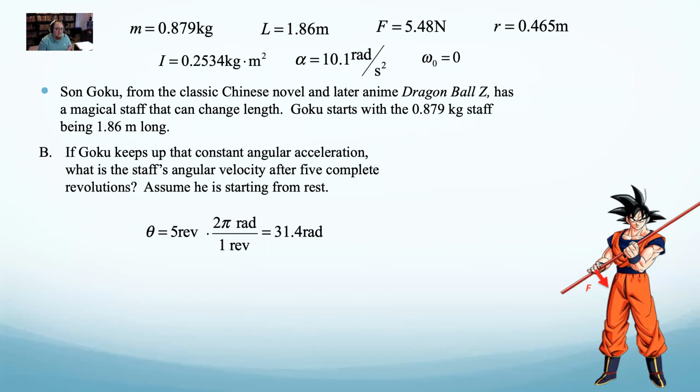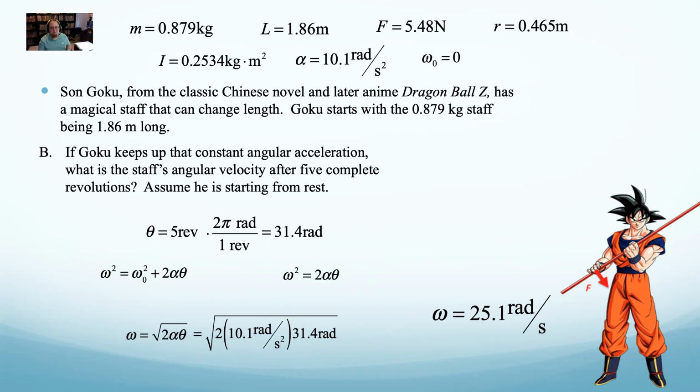Angular velocity squared is initial angular velocity squared plus 2 alpha theta. Since he started at rest, his angular velocity is the square root of 2 alpha theta. I now know alpha, so I'll plug in and solve. That's from last chapter. You still good?